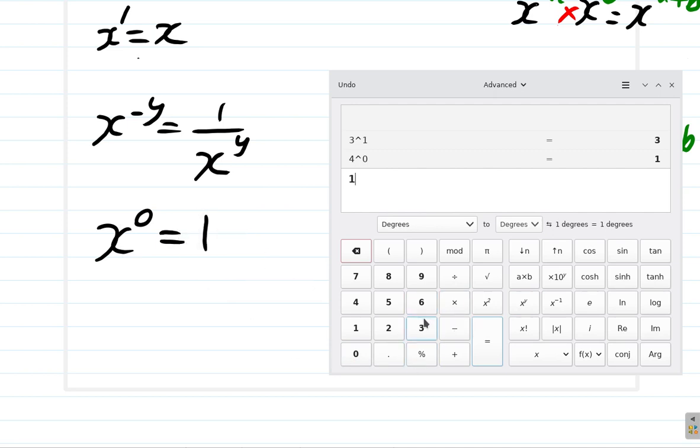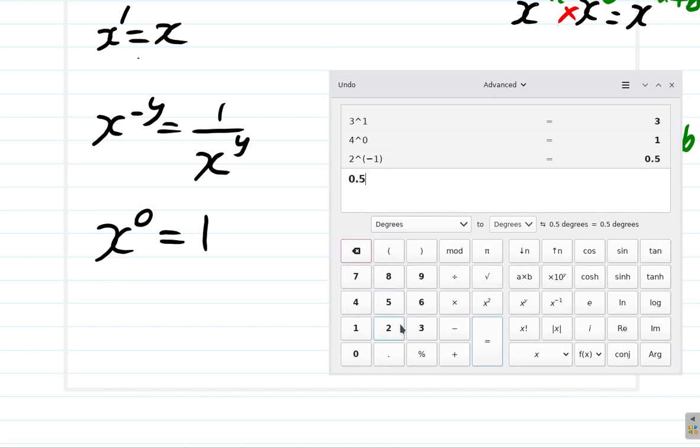Suppose we have 2 raised to the power of, to make sure everything is alright, let's put it in brackets, negative 1, close bracket. 2 to the negative 1, according to this, is supposed to be equal to 1 over 2 to the positive 1, which is half. So let's see. It's half, which is 0.5.